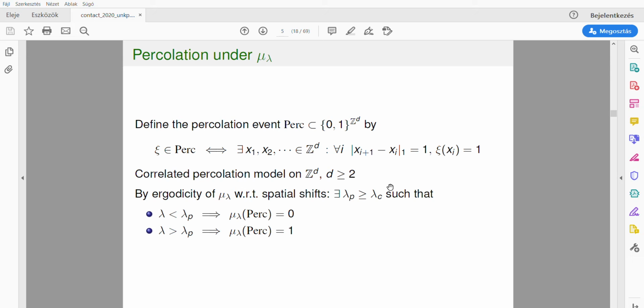Everyone is healthy. So in that case, of course, there is no percolation because we are talking about the empty graph, and of course the empty graph does not contain an infinite connected component. So it's a triviality that lambda p is greater than or equal to lambda c. What is non-trivial is whether lambda p is finite or not.